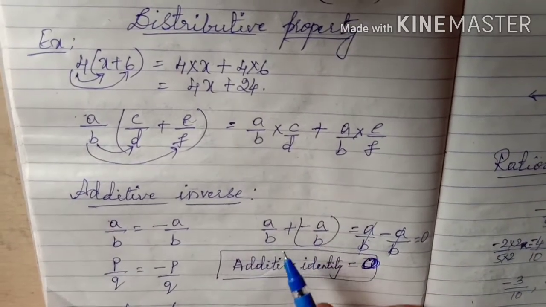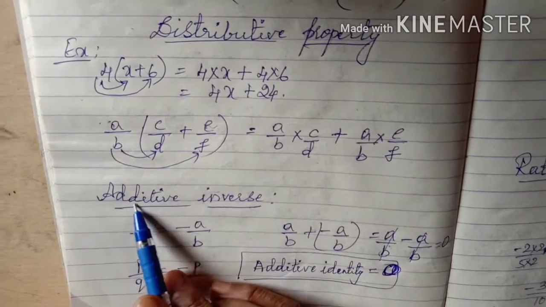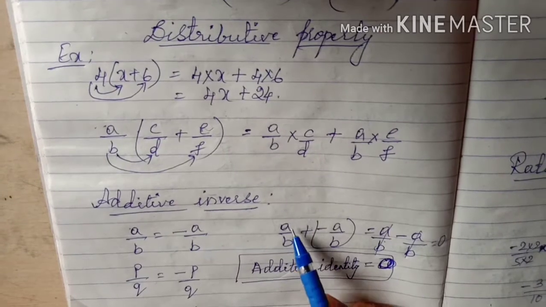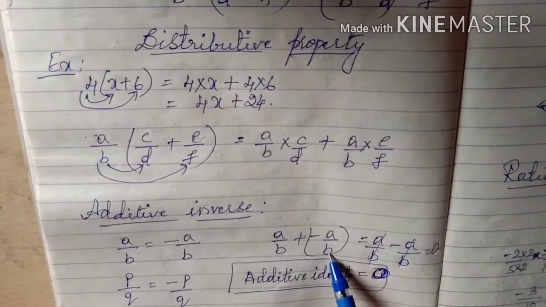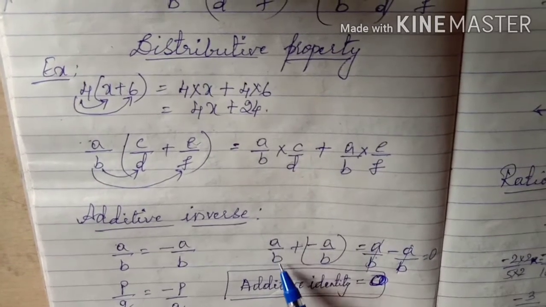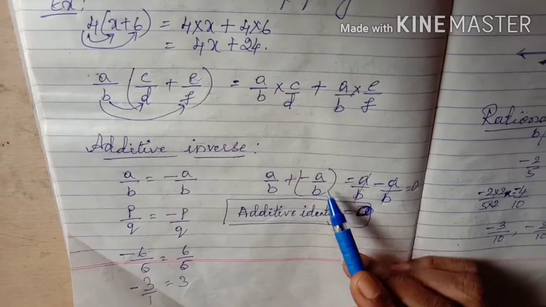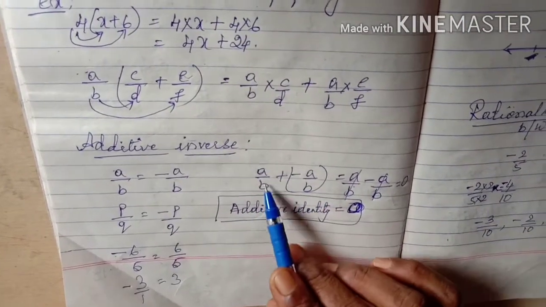Yes or no? Now, let us add these both. The word additive here means adding, children. a/b plus minus a/b. See here, a/b is a rational number, and the additive inverse of a/b is minus a/b. So what I am doing here is adding these two.